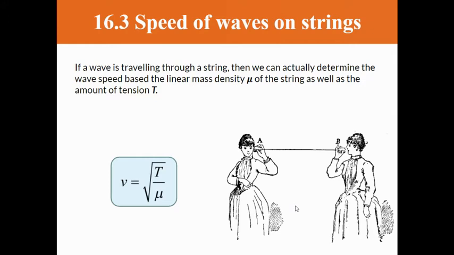But rather than talking about the spring constant, since we're no longer using a spring, we're using a string, then it makes more sense to talk about the tension on the string.